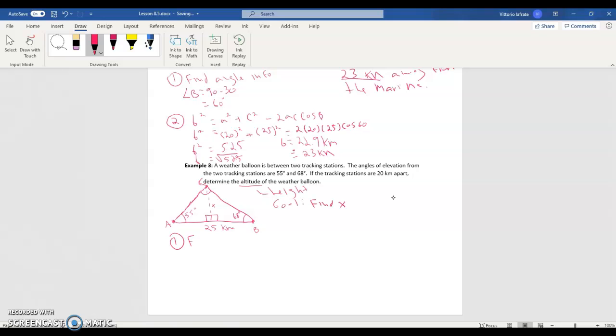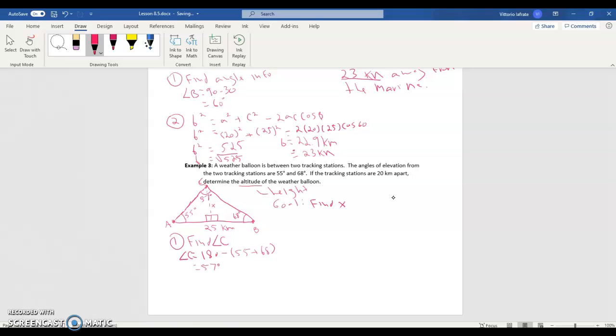Let's find angle C. Angle C is going to be equal to 180 minus 55 plus 68. So 180 minus 55 minus 68. And we get 57 degrees.